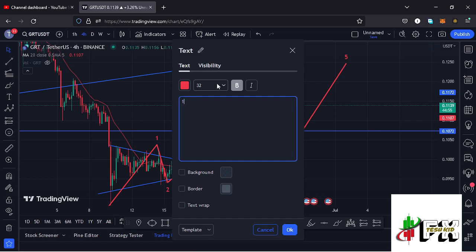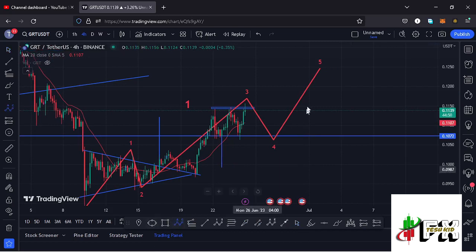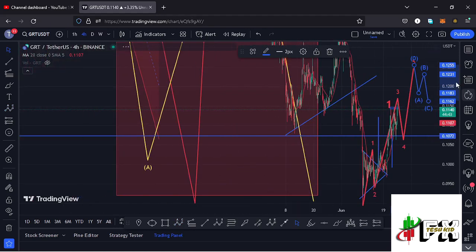Then once that larger Elliott wave count 1 is complete, afterwards we can expect an ABC corrective structure to play out, which should be aligning with what I'm expecting from the long-term point of view.